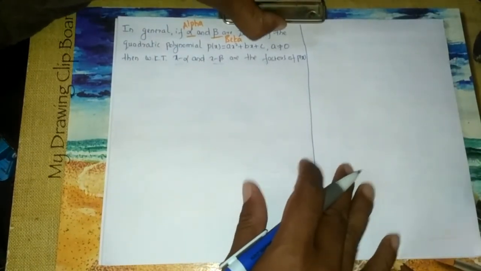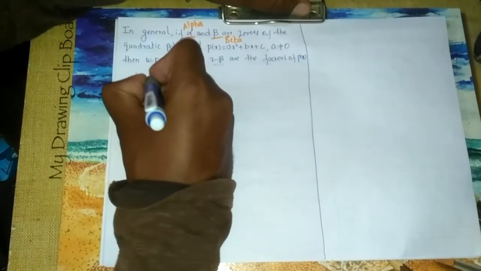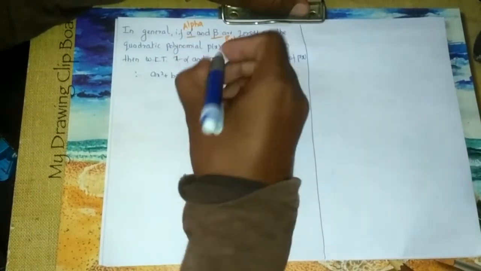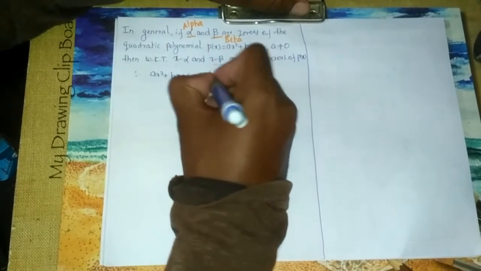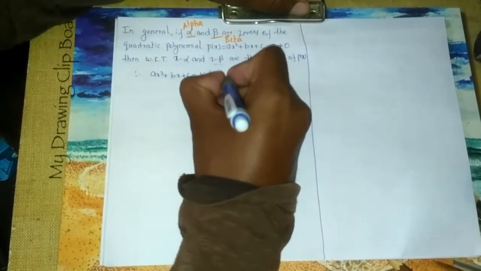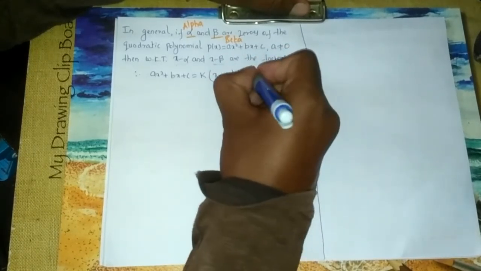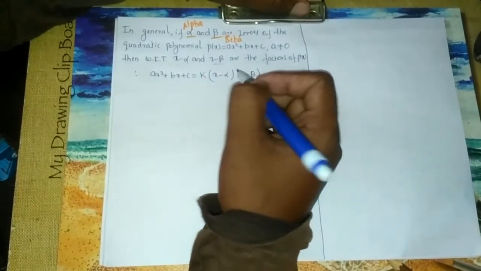Therefore we can write ax square plus bx plus c equals k into the bracket x minus alpha and x minus beta, where k is a constant.